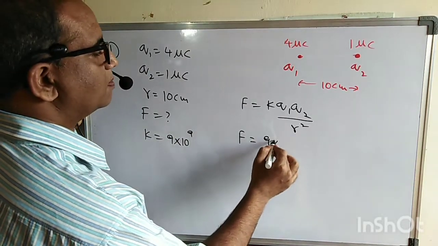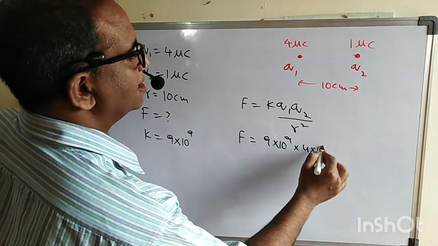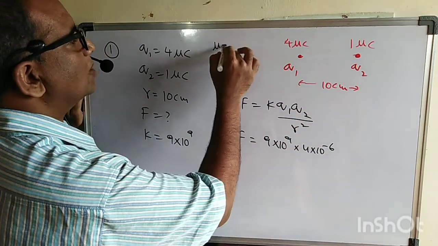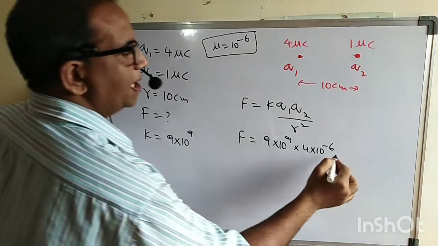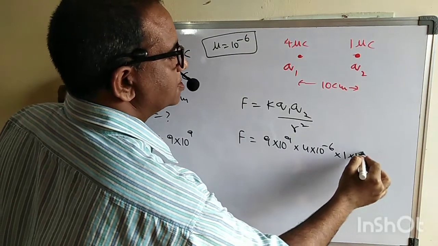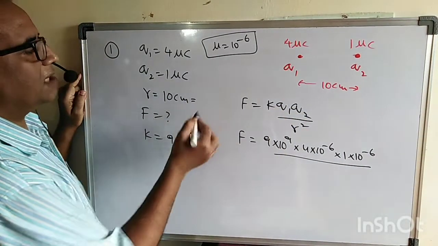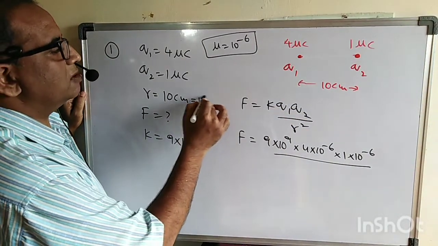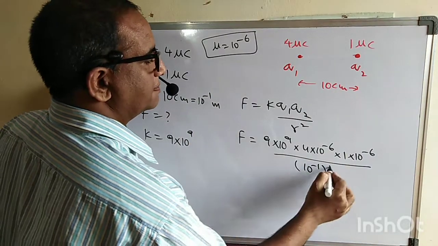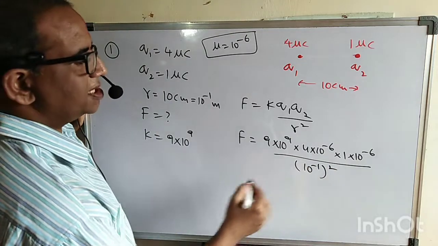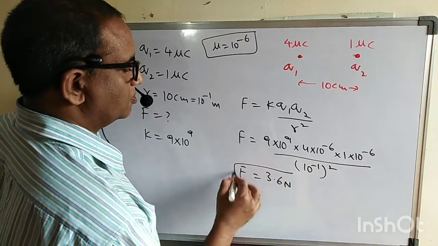Therefore 9 into 10 to the power 9 multiplied by 4 into 10 to the power minus 6, because micro means 10 to the power of minus 6, multiplied by 1 into 10 to the power minus 6, divided by R square. The R value is 10 centimeter, which you convert into meter, so it is 10 to the power of minus 1 meter, and then 10 to the power of minus 1 whole square. If you multiply this, you will get 3.6 Newton.